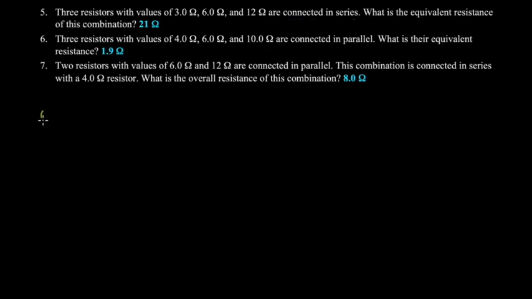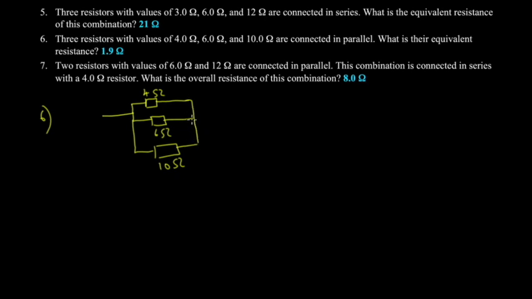So sometimes you're given these as statements, so you have to know again how to evaluate. So 3 resistors are given, and they're connected in parallel. What's the equivalent resistance? This time they're connected in parallel, so you're dealing with the case of this being 4 ohm, this 6 ohm, and this 10 ohm. If it makes sense for you to draw the diagram first, then just do.